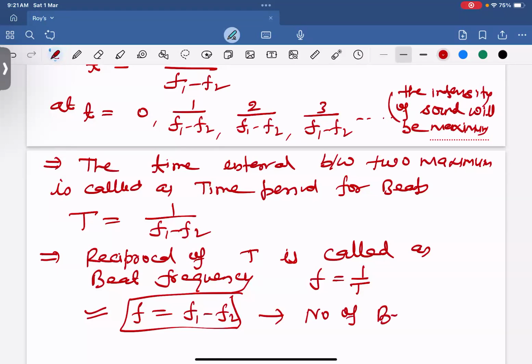This is the number of beats produced per second. ठीक है.